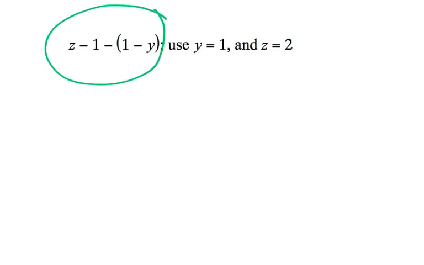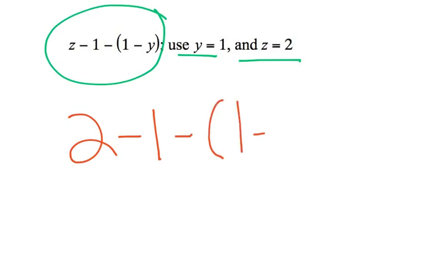Here's another expression, and it tells you what to use. So what we're going to do is take the z. Let's start that again. We're going to change that z into a 2. Minus 1 minus parenthesis 1 minus, and we're going to change that y into a 1.